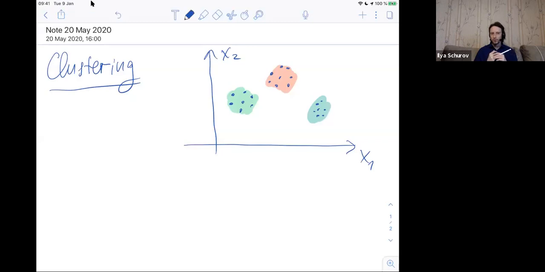Unfortunately, this clustering problem is not so well posed, well defined, if we compare it with other problems like those we solved in regressions. In regression, everything is simple. We have some value that we want to predict. We have some variables that can be used to predict, and we want to create some function, like a linear function or a more complex function. And in a sense, we already have correct answers in our data. We have the values that we want to predict.